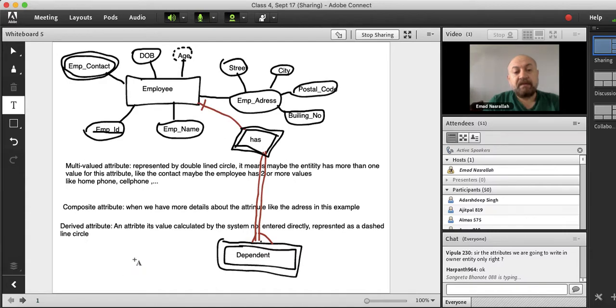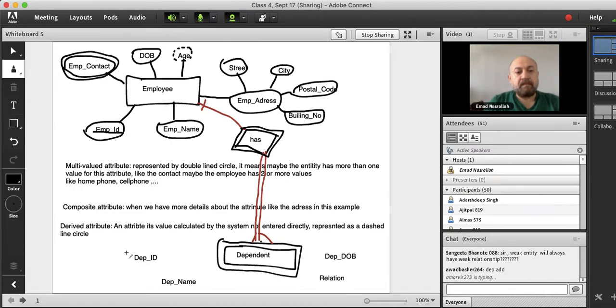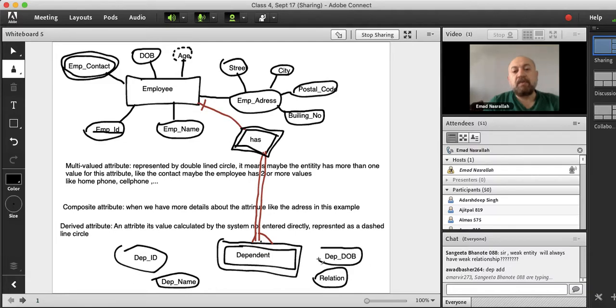We have like ID, let's say tip ID, tip name, maybe tip DOB, yes, relation, I mean relation to employee.